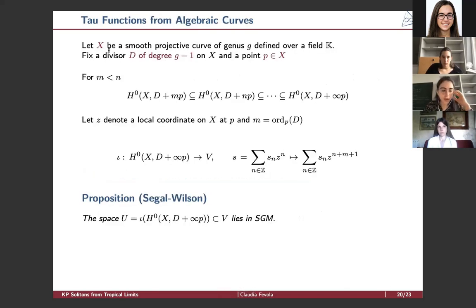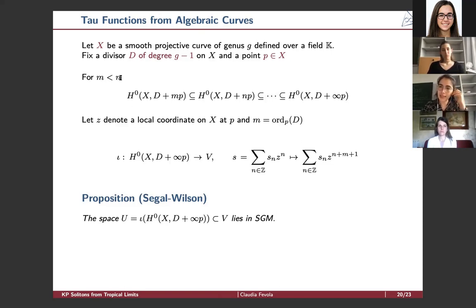And also, for such solutions, it is possible to construct tau functions starting from an algebraic curve. We take X to be a smooth projective curve of genus g defined over a certain field, and we fix a divisor D of degree g minus 1 on such a curve and a point P on it.